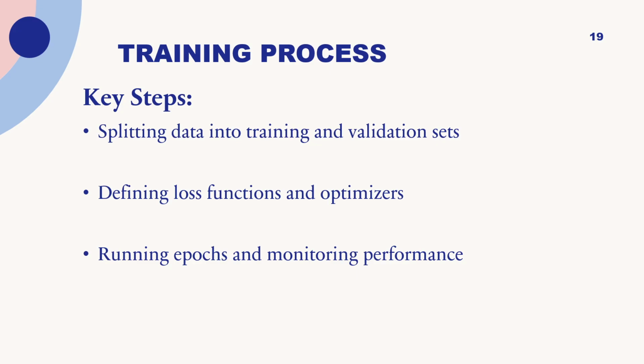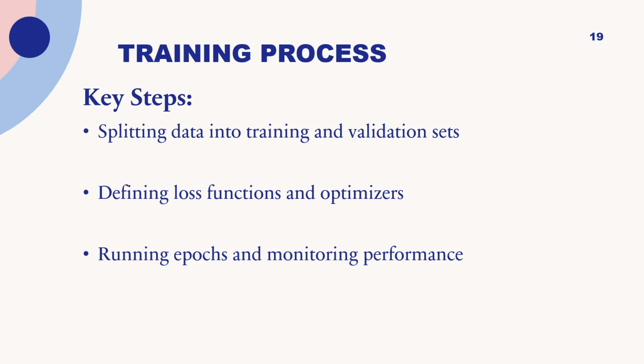For the training process of the vision transformer, we first begin by splitting our dataset into two parts, a training set and a validation set. Next, we define loss functions and optimizers. The training process runs across multiple epochs. Each epoch represents one complete cycle through the training data.